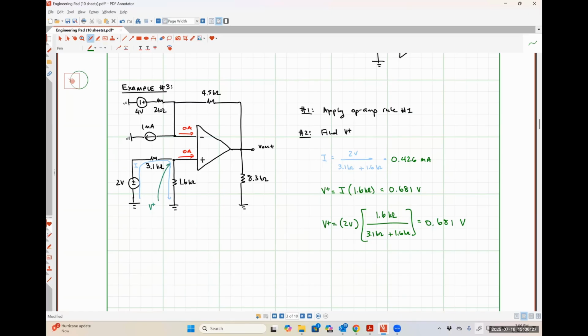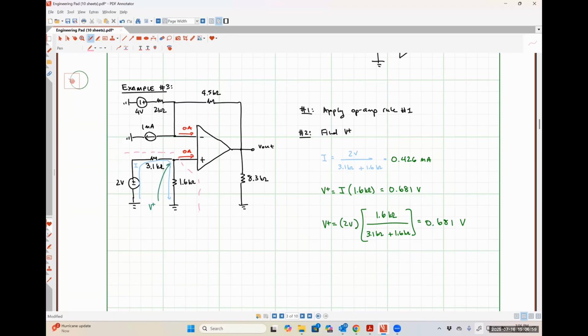For what it's worth, and this would be utter overkill for something like this, but you could technically do it. You could, if you were so inclined, disconnect everything to the left of that dashed pink line and find its Thevenin equivalent, which would actually give you that voltage of 0.681 volts as well.